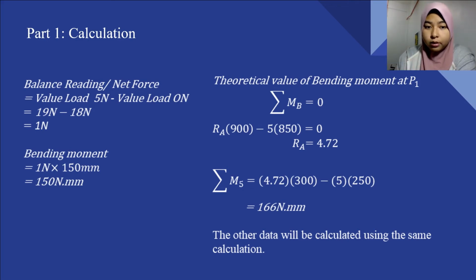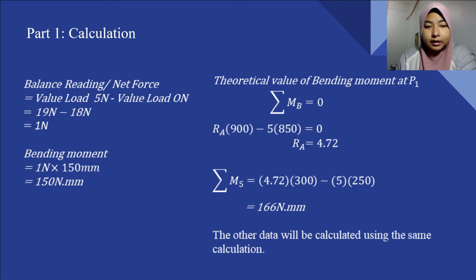Each load will be minus with the original value load, which is 0 Newton, 18 Newton. For example, the value load of 5 Newton, which is 19 Newton, will be minus the 18 Newton, we get 1 Newton. Same goes with the 10 Newton, 15 Newton, and 20 Newton.